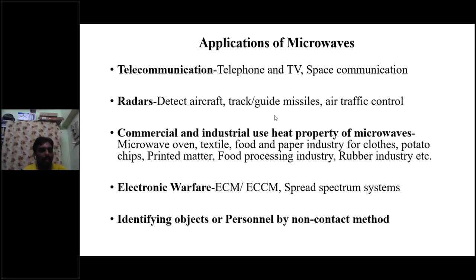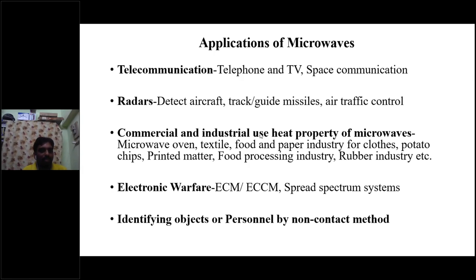Next, another application of microwaves is identifying objects or personnel by non-contact methods, and these are some of the application areas. Up to now, we have observed the first part of our first unit: the microwave spectrum and bands, advantages and applications.